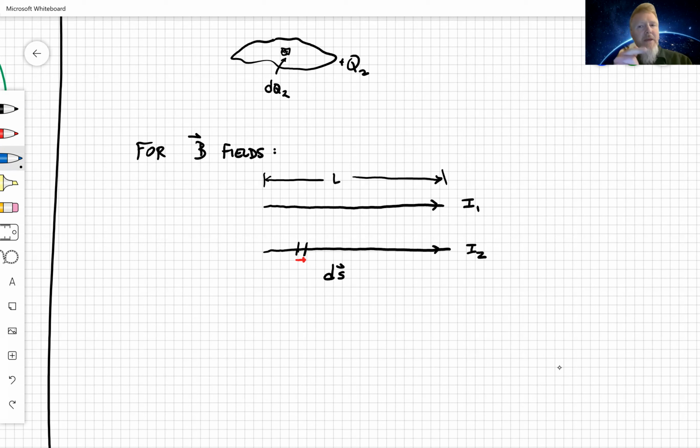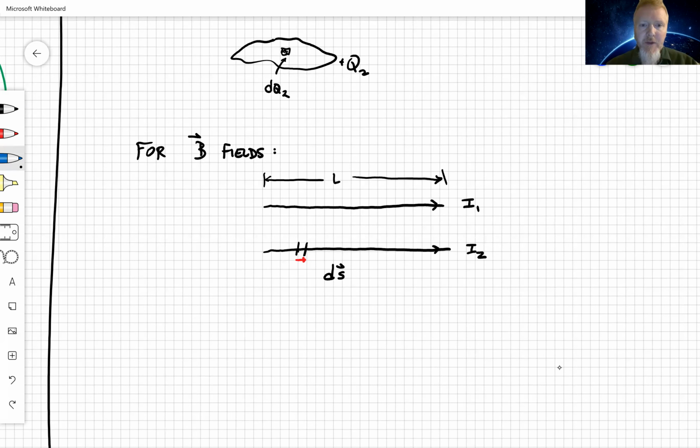Now, the problem here is that I can only draw the force on a piece of I1, but I'm going to use the entire I1, I mean, the entire length of I1L here.